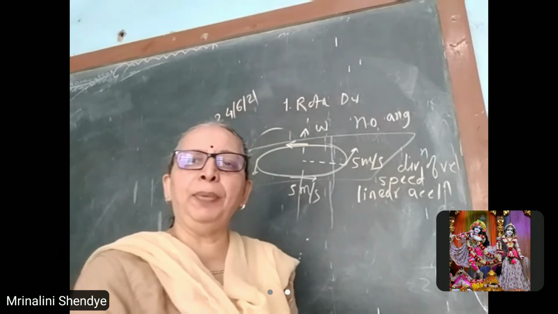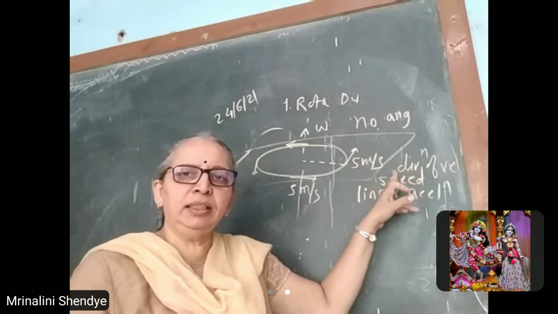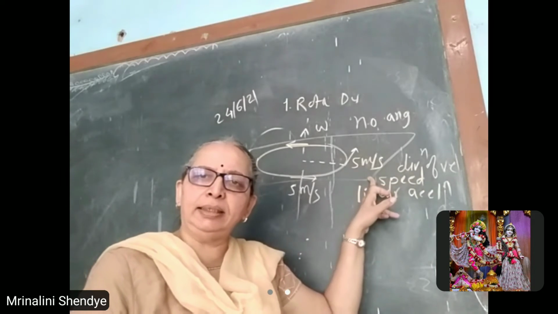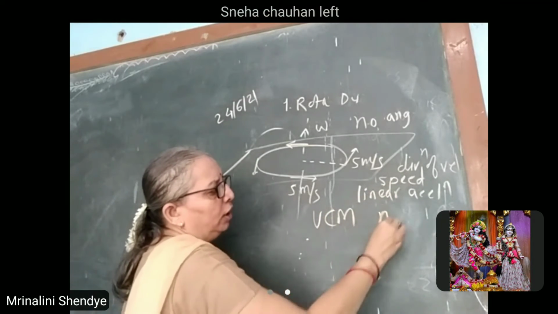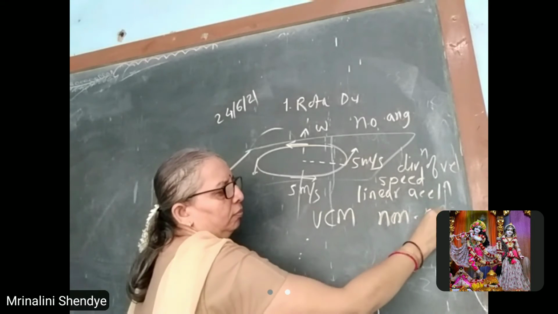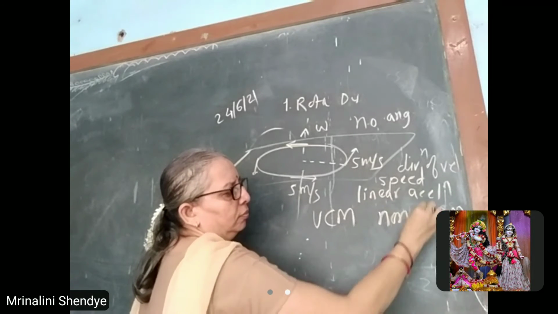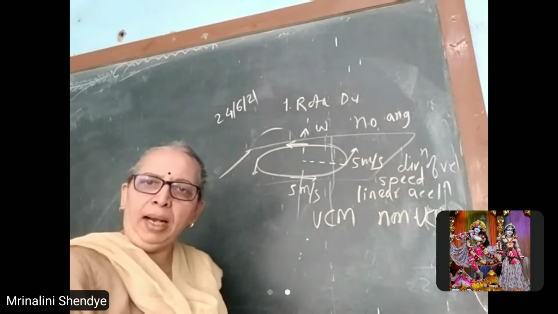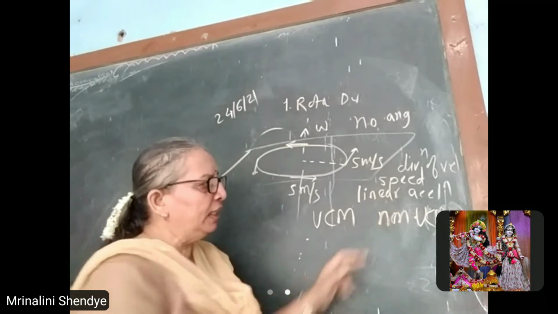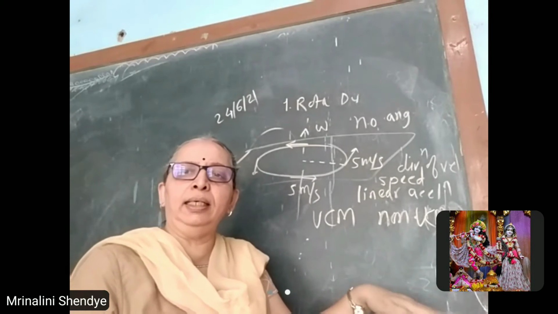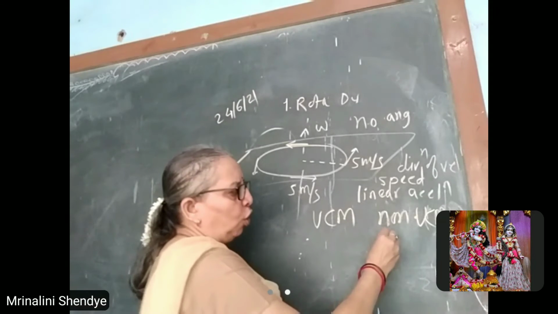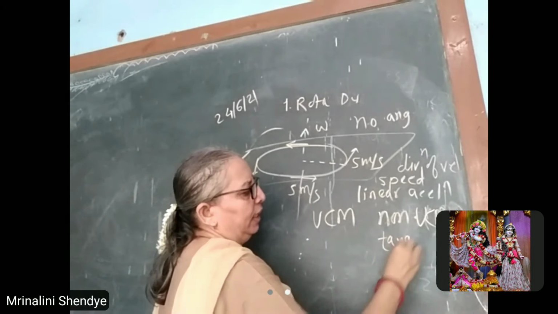So what happens? Linear velocity changes direction in UCM as well as non-UCM. But in non-UCM, in addition to the linear acceleration, one more acceleration gets added, which is called tangential acceleration.